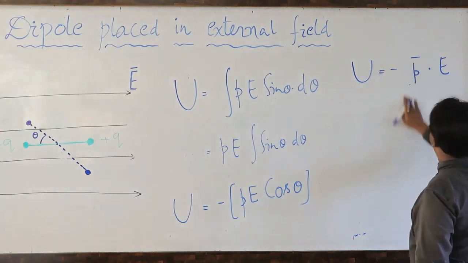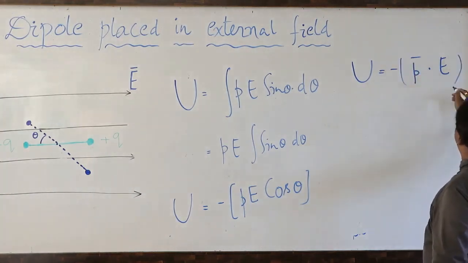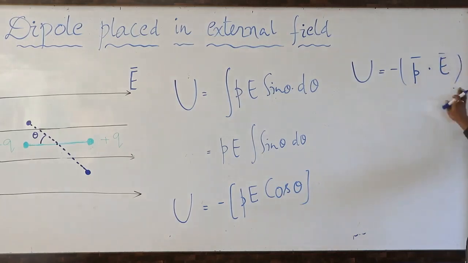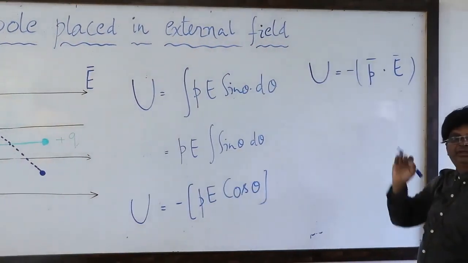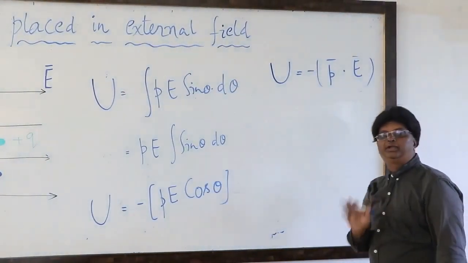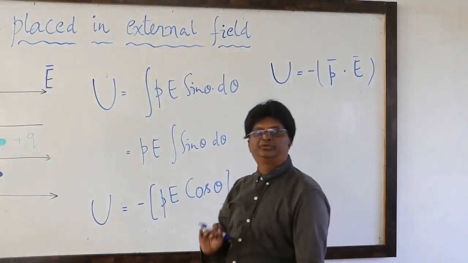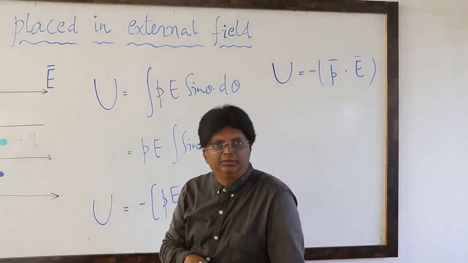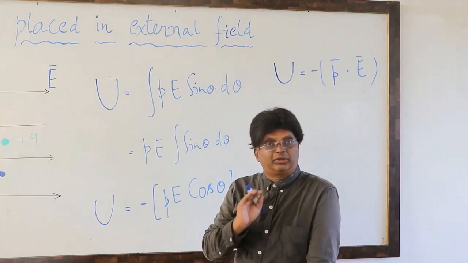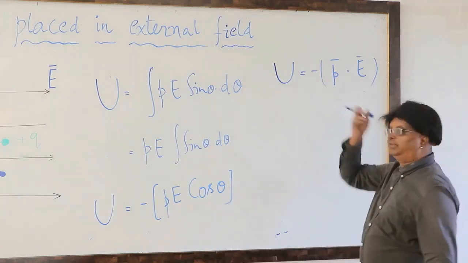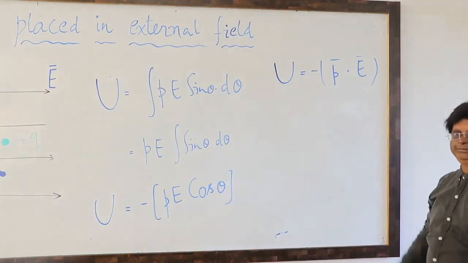No brackets, let me write. Negative of p bar dot E bar. This negative sign is very significant. Without negative sign, don't use this potential energy. I repeat, potential energy of dipole, whenever we are using, along with this negative sign, we have to use it.